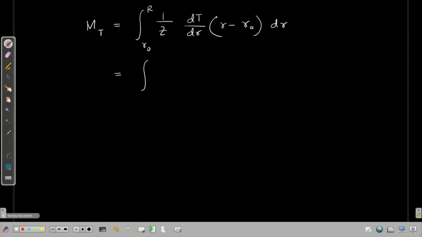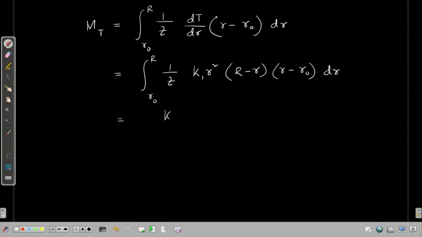And it can be written as this integration, 1 by Z, K1 r squared times (r minus r), which is the given value, multiplied by this expression, and in a similar fashion we can take K1 by Z constants outside and integrate this particular equation.